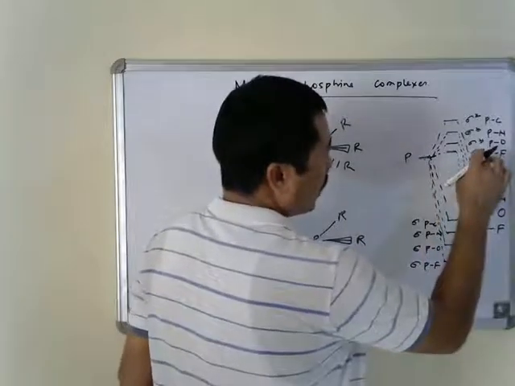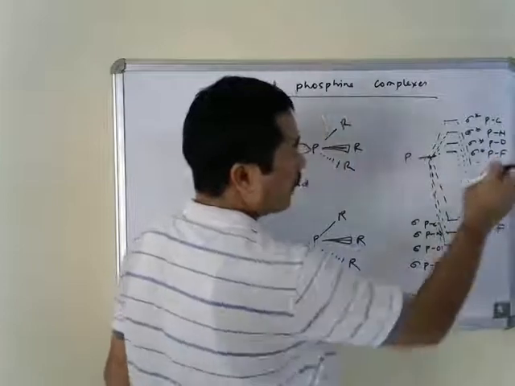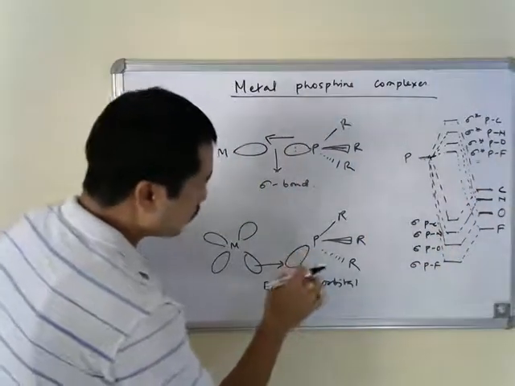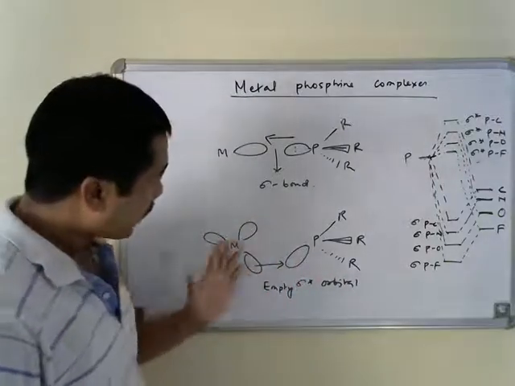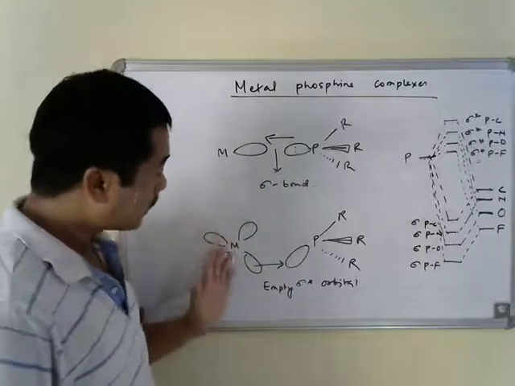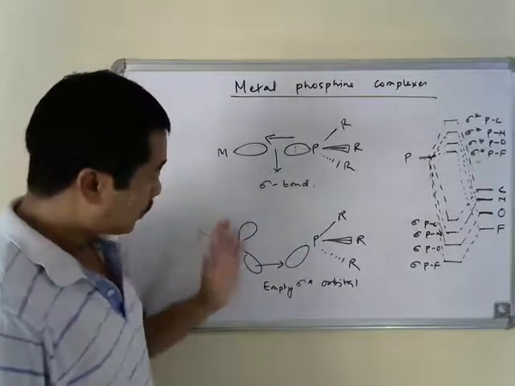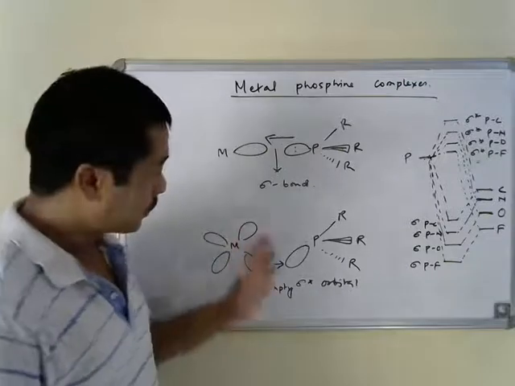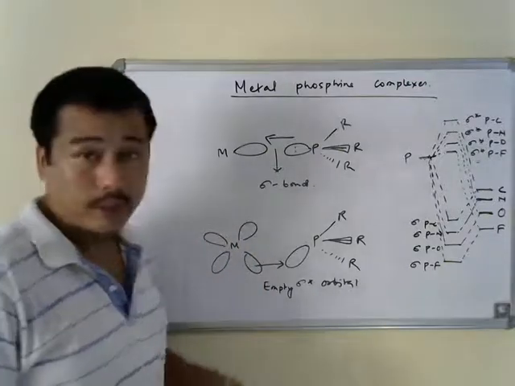That is the reason this molecular orbital is localized on phosphorus, and that is why, when pi back bonding takes place, the metal can efficiently transfer electrons from metal orbitals to an orbital more localized on the phosphorus atom, and the transfer of electron density during pi back bonding is more efficient.